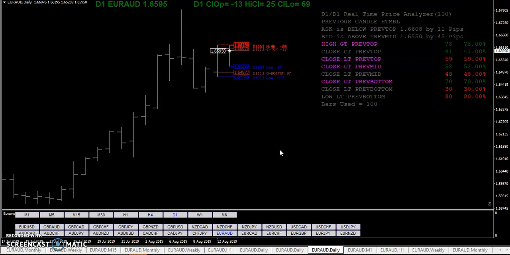What this is telling me is that the EUR-AUD has a tendency to close above the midpoint, and it seems like it also has a tendency to close green.